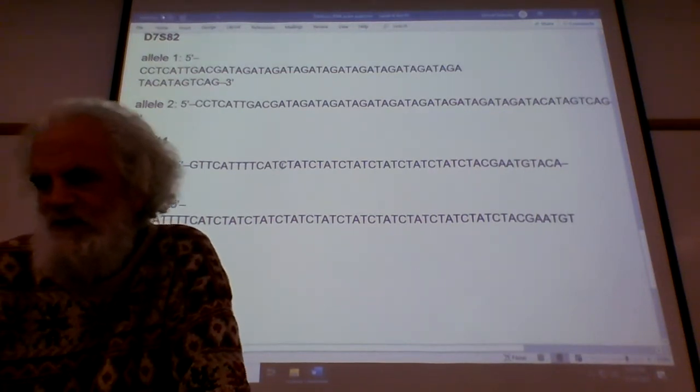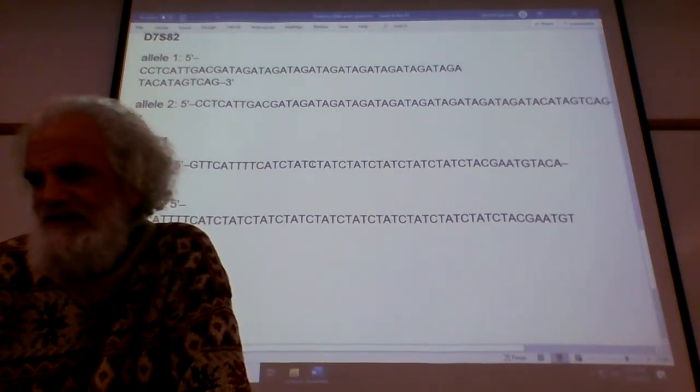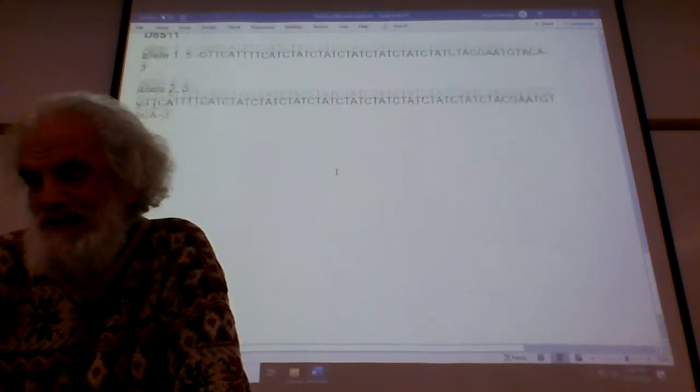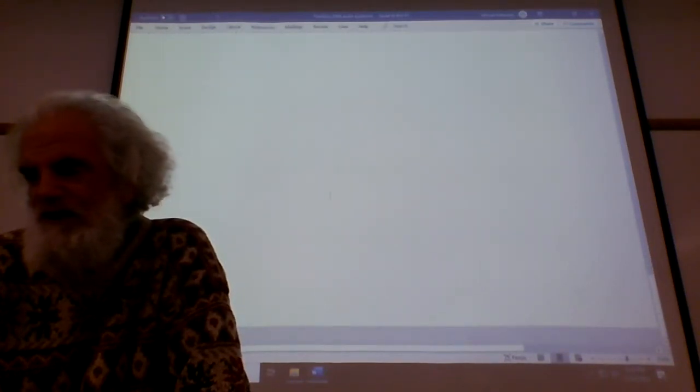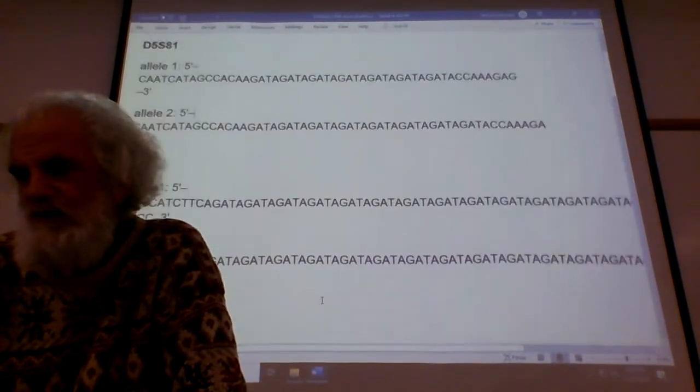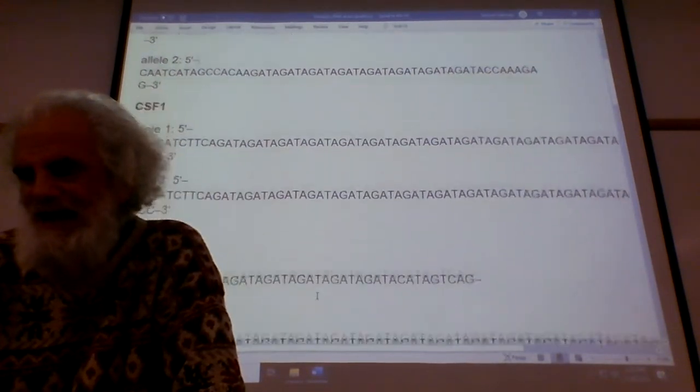Yeah, so this one is a CTAT, CTAT, CTAT. So you just look for the repeats and then count them up and then go to the other set and compare.